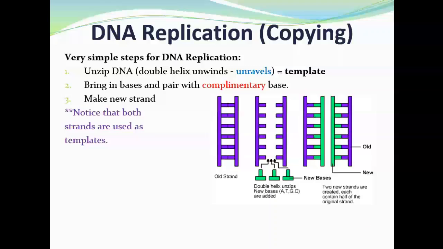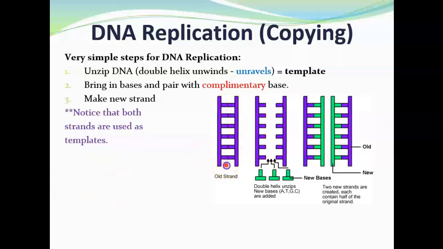DNA, remember, is a double helix. It's a twisted ladder for a more layman's term. So when you look at the structure of the DNA, there are two strands, and those two strands are twisted upon themselves. We have to untwist them in order to access these nucleic acids in the middle.